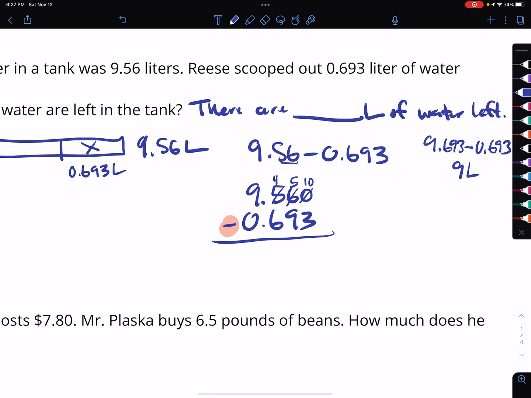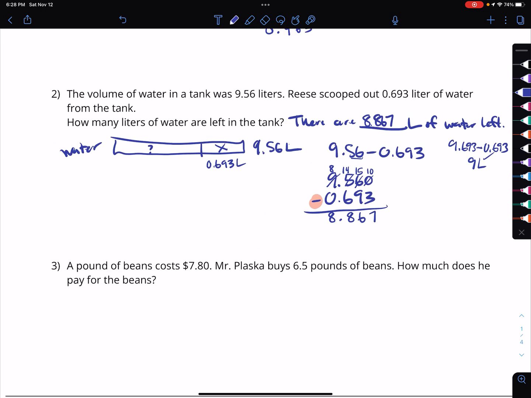So I'll take one of my tenths and regroup that, which leaves me with 4, and I'm subtracting 6, so again, not good enough. So I've done my regrouping, now it's time to subtract. 10 minus 3 is 7, 15 minus 9 is 6, 14 minus 6 is 8, and I still have 8 in my ones place. So there are 8 and 867 thousandths of a liter of water left, which is relatively close to our estimation there.